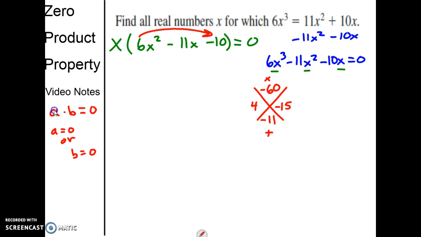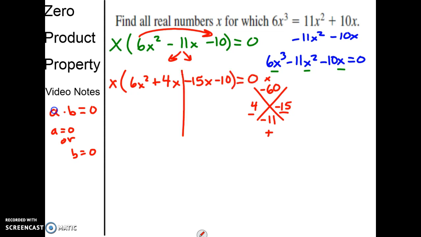So we need to split up this negative 11 into those two numbers that we found, 4 and negative 15. I'm going to rewrite this. We have 6x squared, and I'm going to put the 4 with the 6. I think that might work out a little bit better because the 15 and the 10 have a common factor. Then we factor by grouping, as we call it.